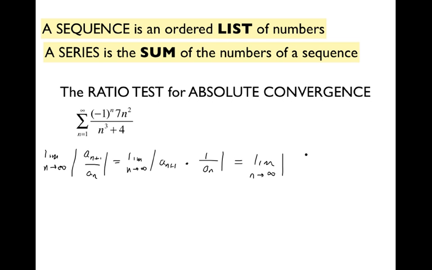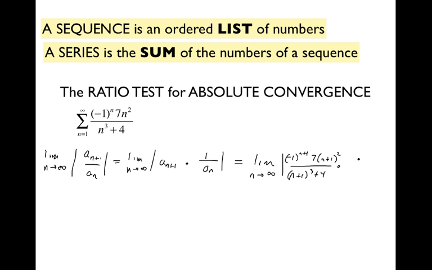So a_(n+1) is going to be negative 1 to the n plus 1, 7 times (n plus 1) squared over (n plus 1) cubed plus 4, times, and now we're just going to take this as it is and flip it over, right?